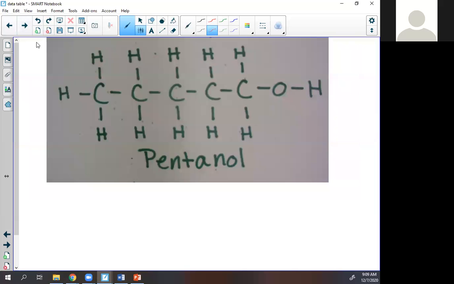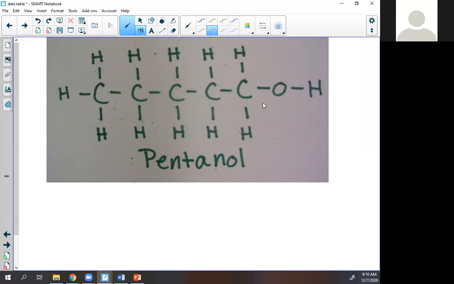Okay, next, pentanol. This is the last hard one to draw. All right, this one's tricky.